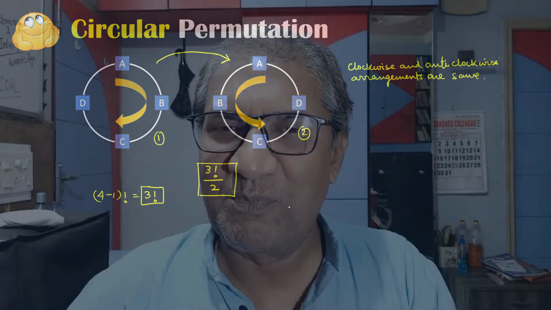That's it. Is it clear to all? So when the clockwise and anti-clockwise arrangements are same, then what is the total circular permutation? It's the normal formula, that is n minus 1 factorial divided by 2. That's it.